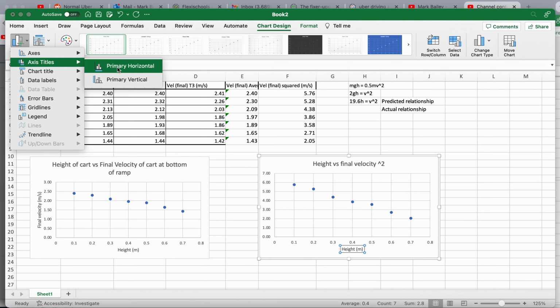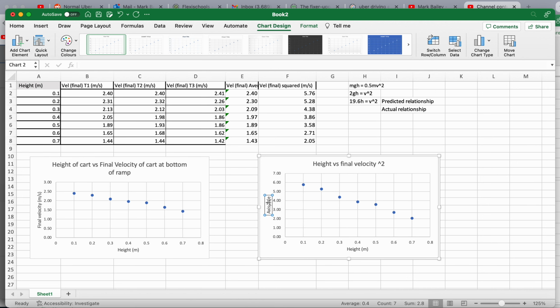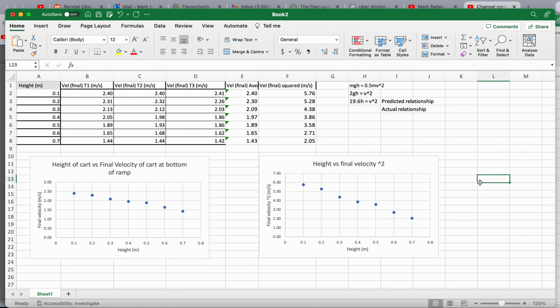Then vertical, which is essentially the final velocity squared, or you can just use the power of up to squared, in meters per second. Final velocity squared.